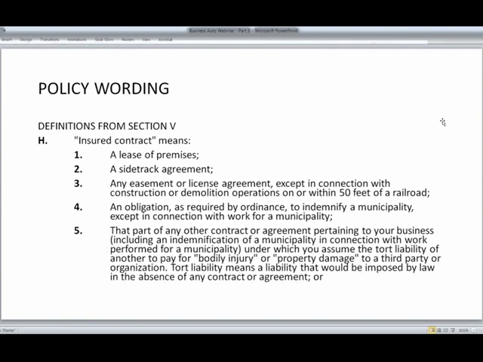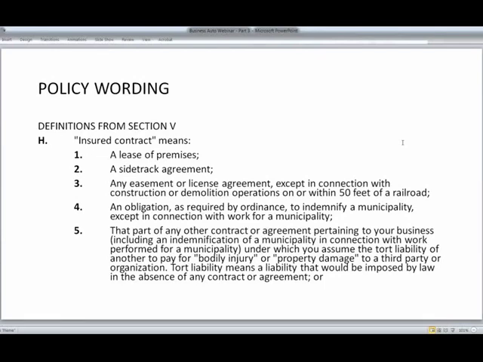The insured contract 5, now again, we're talking about giving insurance protection when the insured signs a hold harmless or indemnification agreement. This is what we're talking about here, where the insured holds someone else harmless or agrees to indemnify them in a contract. H5 is that part of other contracts or agreements pertaining to your business.